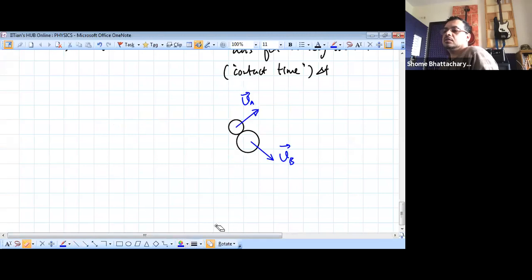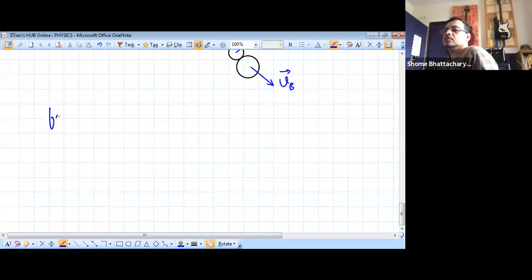So here what we can see is that for E, what is happening in terms of impulse momentum is that this was the initial momentum, mv0.